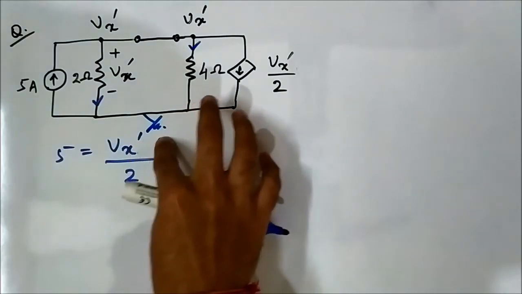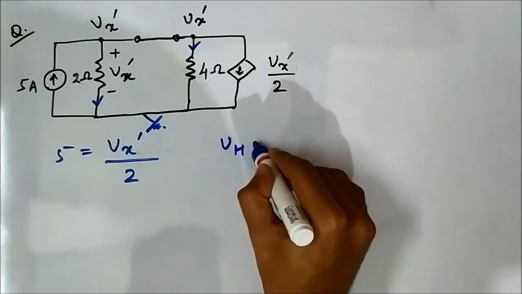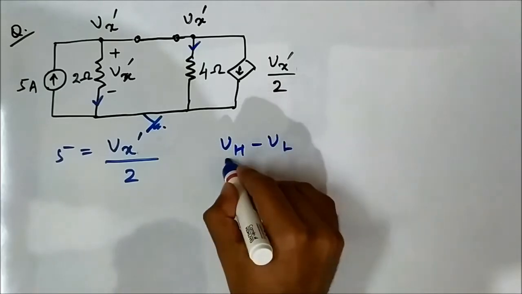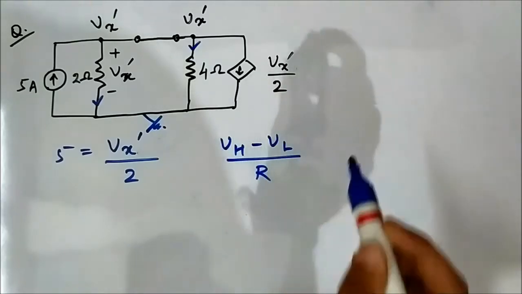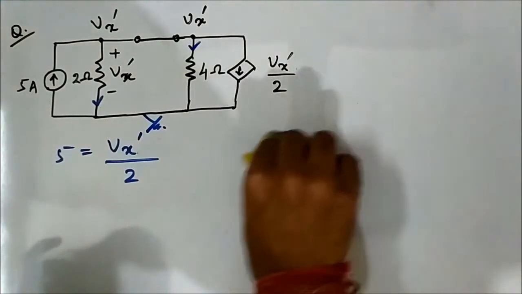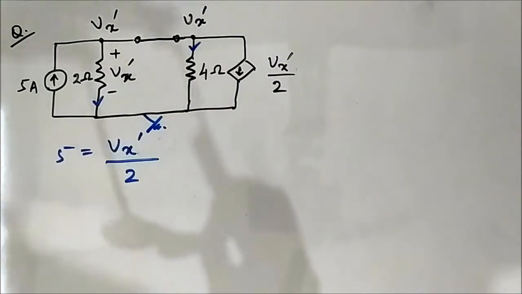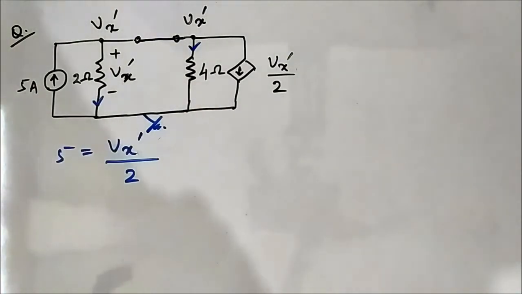Nodal analysis simply means higher potential minus lower potential, divided by the resistance involved. I have already discussed these things, how to put nodal analysis, mesh analysis and all the other circuit analysis techniques.